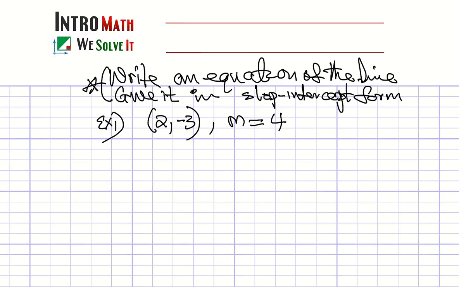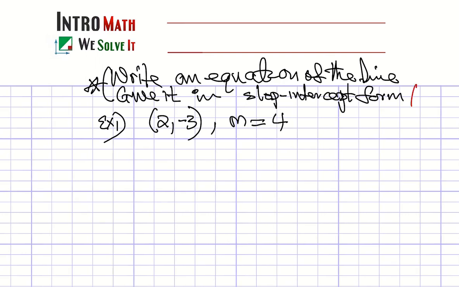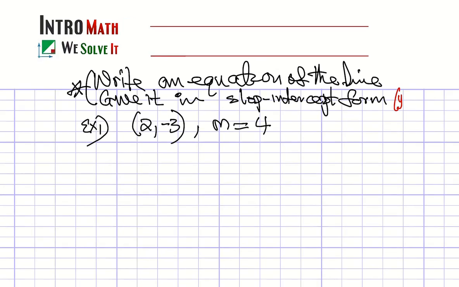Slope-intercept form is like this: y equals slope times x plus b, where b is the y-intercept. So they say write it like that. No big deal. I'll show you how to write it like that.